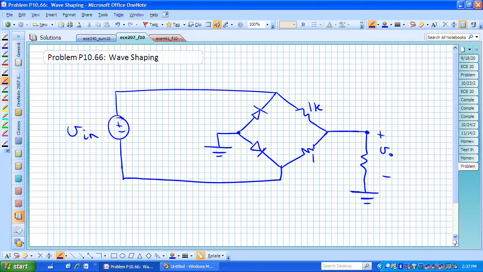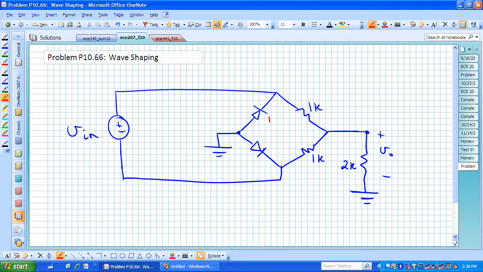This is a 1K, here's a 1K, this is a 2K, and I might label those with variable names so that we can tell which variable we have. Let me wait until I get to that point before I start labeling those resistors, but I may want to make sure that we know which resistor I'm playing with at what particular time by assigning a variable name to those resistors.